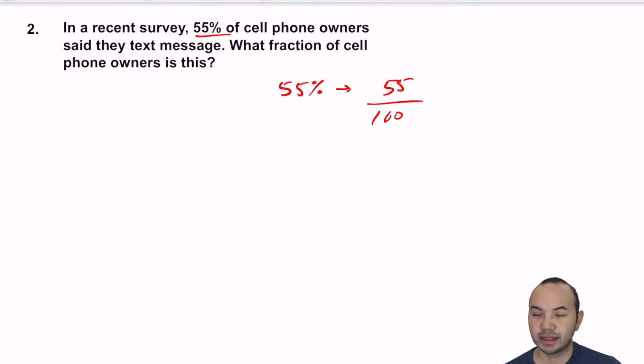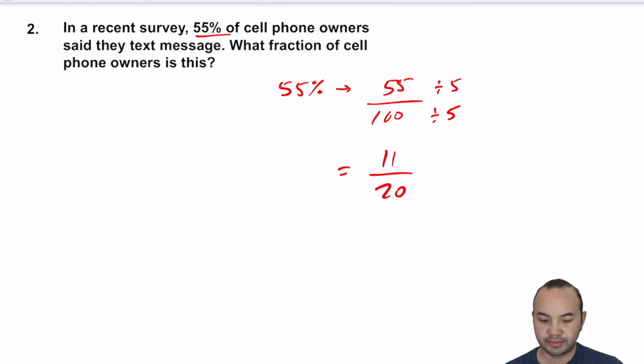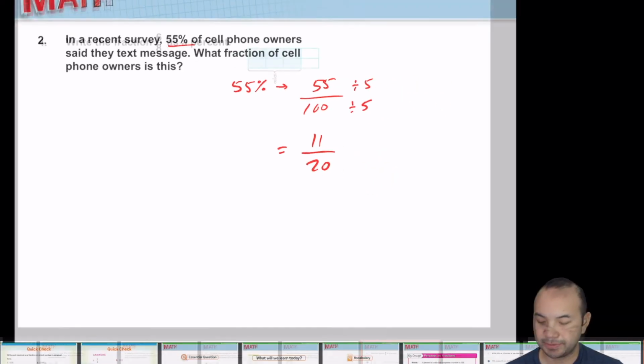I mean, that's a fraction technically, but really if you're giving an answer as a fraction, it should be simplified. So you can see that you can divide by 5 for both of these. So that'll equal 11/20. So 11/20 of cell phone owners say they text message. I don't know how old this is, but yeah.